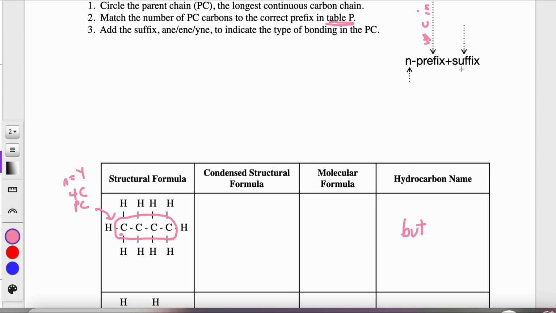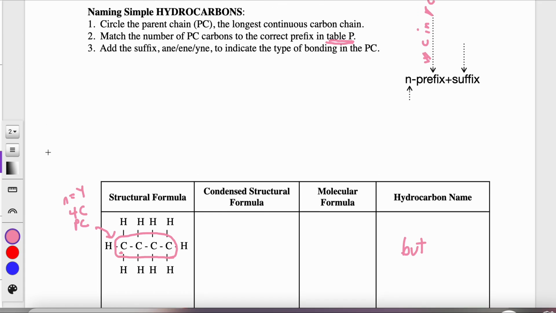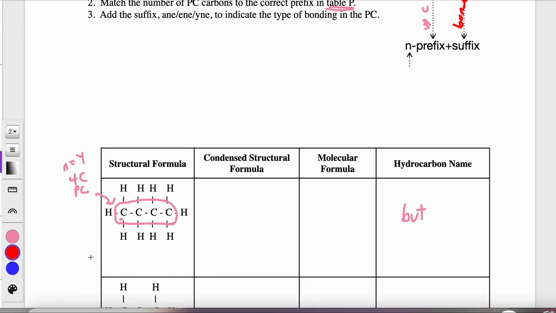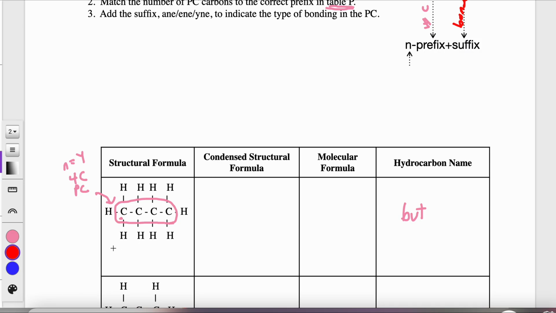The second part of the name, the suffix and how it ends, okay? This is about the carbon bonds. So this is about the bonds in the parent chain. When we take a look at each carbon to carbon bond, all the bonds are single. So we have all single carbon to carbon bonds.